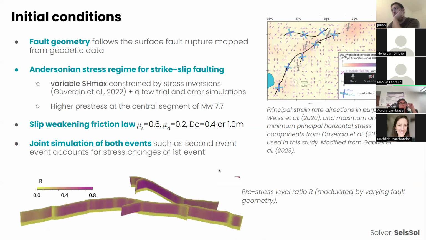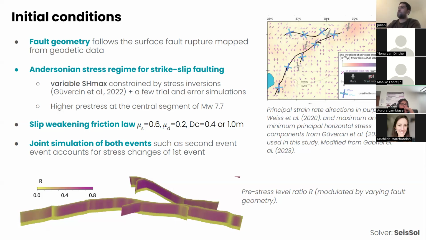About the initial conditions of the simulation: the fault geometry that we used follows the surface fault rupture mapped after the earthquake from geodetic data, from Sentinel-2 optical data. We assume an Andersonian stress regime for strike-slip faulting. We constrain the orientation of SHmax from stress inversion and a few trial and error simulations.